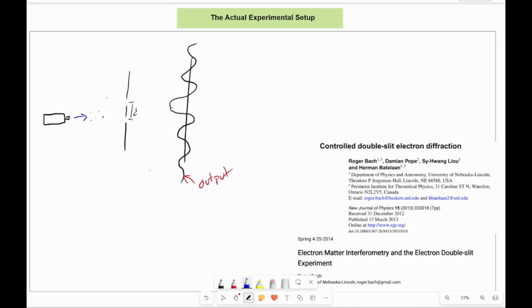Now, I would argue that they are leaving something out, especially for electrons. I don't think it's as critical for photons or light experiments, but I would argue that one of the biggest things we're taking for granted is that there is usually some sort of thing here.